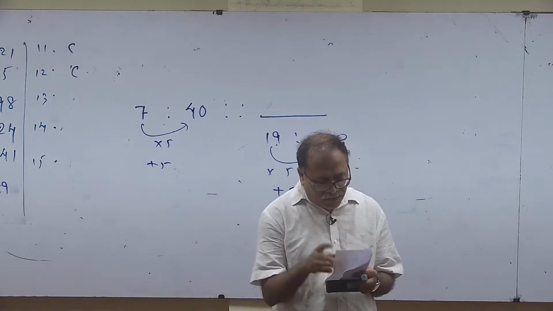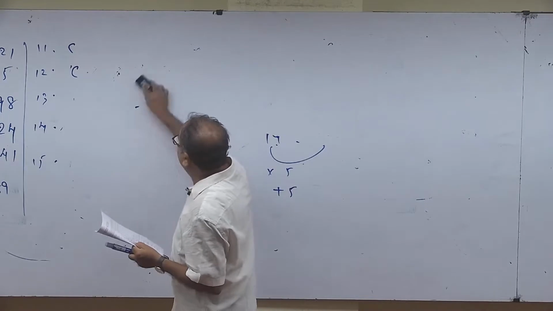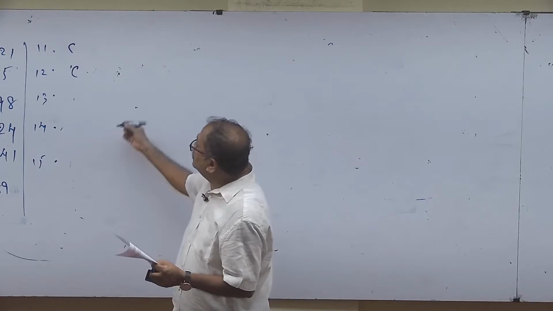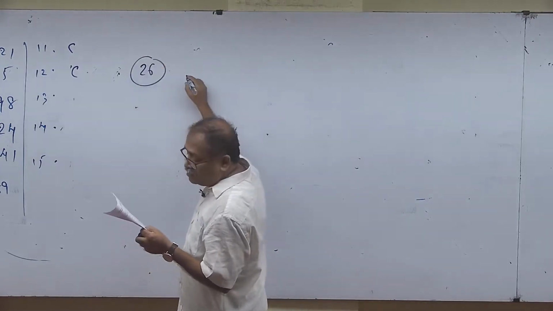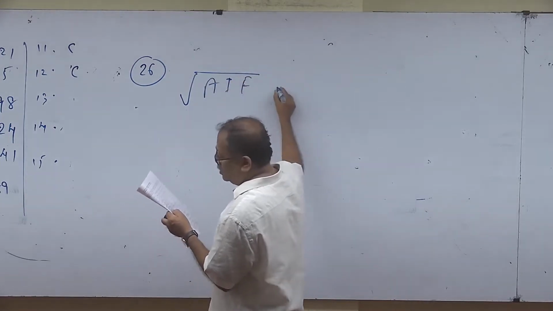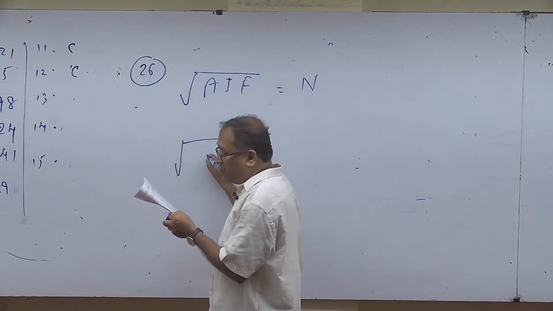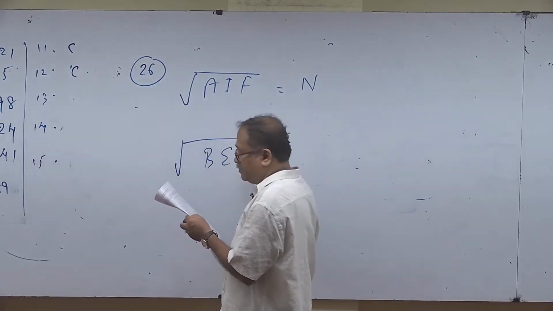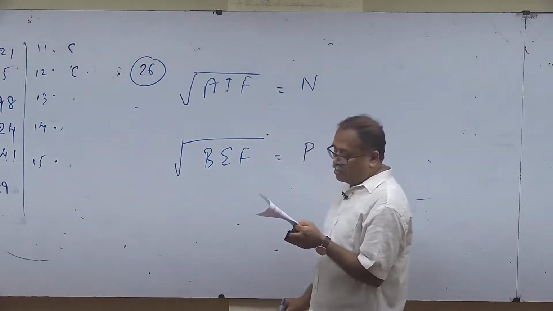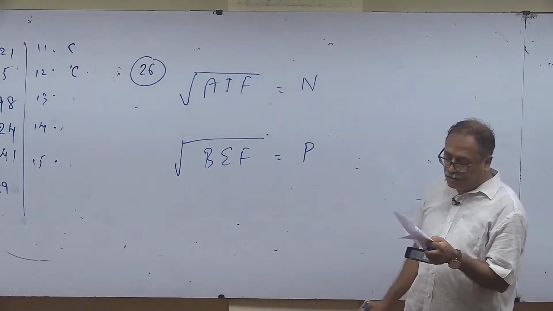Question number 26. Alphabets are in the square root. With that we will conclude. Okay, the square root of AIF is N and the square root of BEF is P. Then I need the square root of this part. How is that?